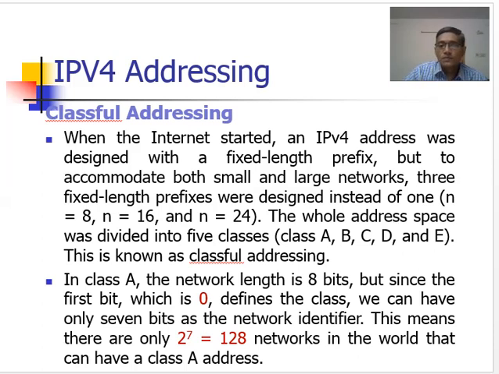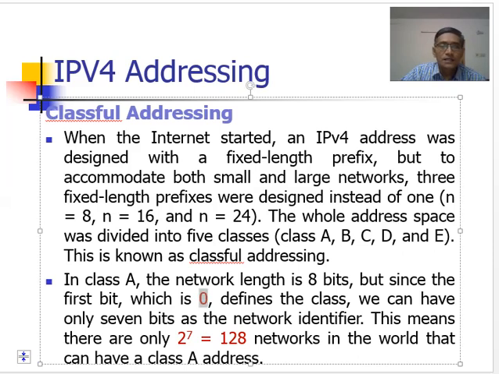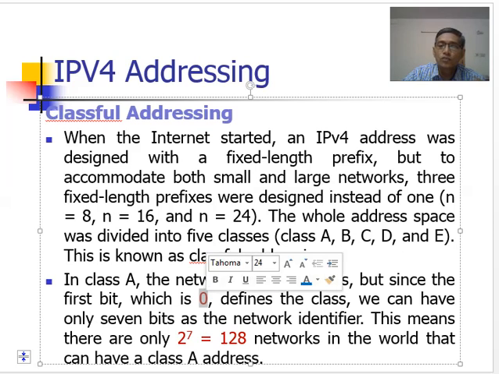So out of 32 bits, we assign 8 bits to the network, and the remaining 24 bits are for identifying the node. Because it is classful addressing, each network part is identified with a prefix. In class A, the most significant bit will be 0, which defines that it is a class A address.